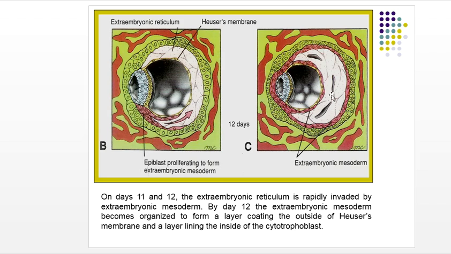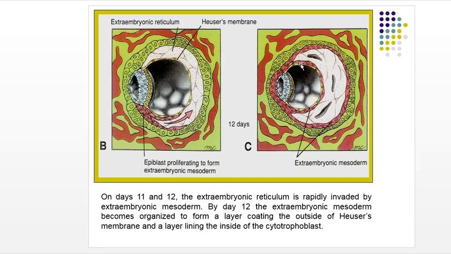Gradually, small spaces are established in the extra-embryonic mesoderm, and when these small spaces join together, making a large cavity, as a result, the extra-embryonic mesoderm, here the red color, is divided by this cavity into two layers.